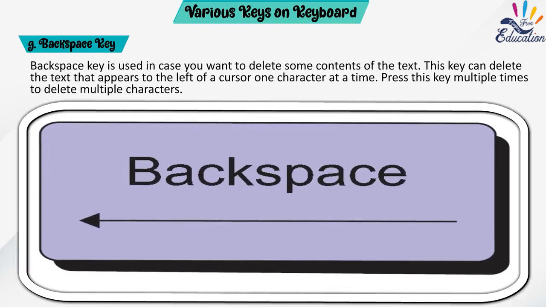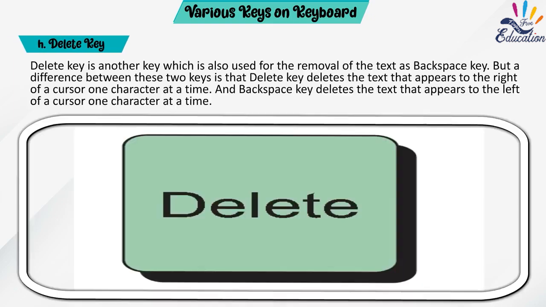Backspace key. Backspace key is used in case you want to delete some contents of the text. This key can delete the text that appears to the left of a cursor one character at a time. Press this key multiple times to delete multiple characters. Delete key.